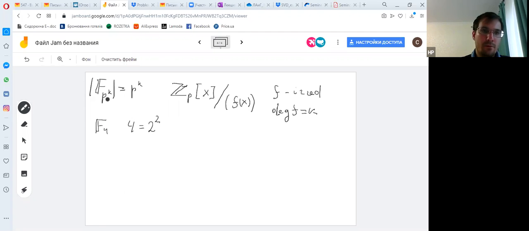We need p to be a prime number, so 2 is prime, and 4 is a power of a prime number. Then, by this construction, we need to take Z_2, all the polynomials with coefficients in Z_2, and some irreducible polynomial of degree 2 in this ring.